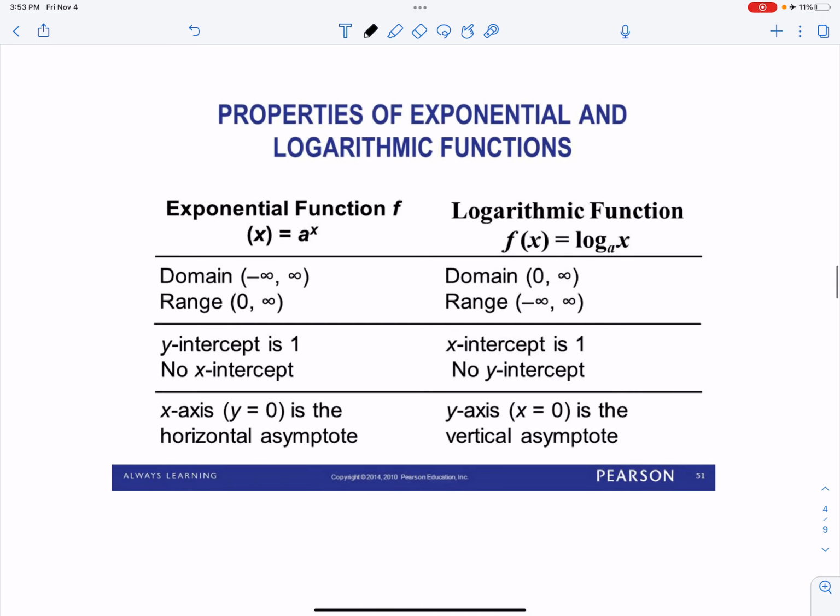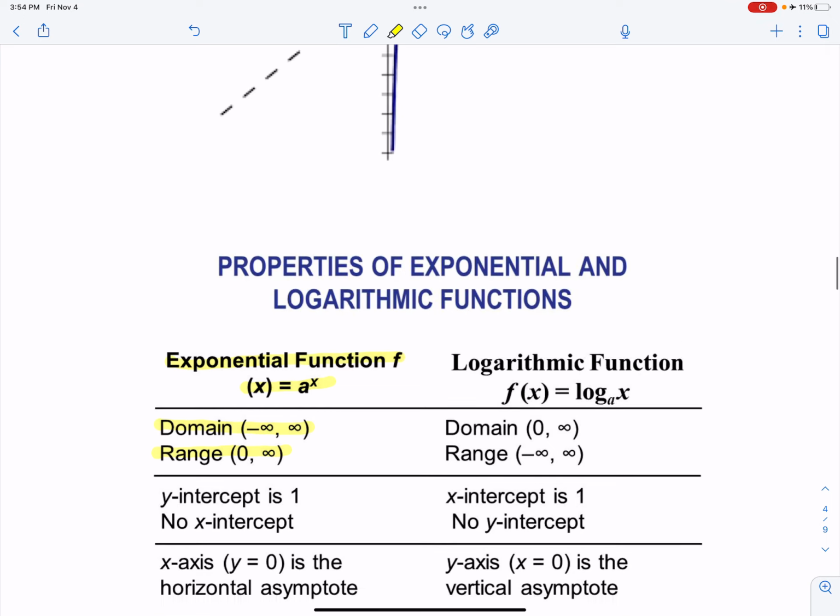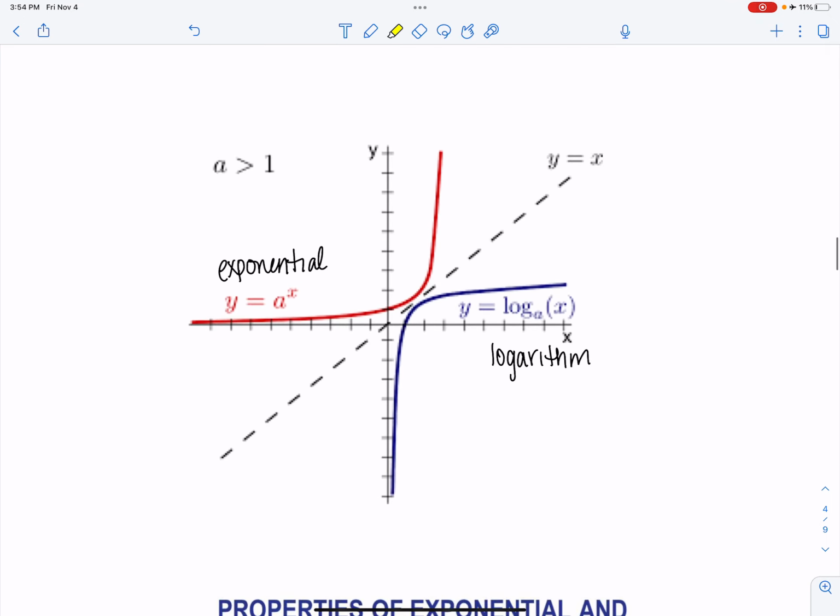Why is this important? Well, when it comes to the domain and range, when we're dealing with an exponential function, a base raised to an exponent, our domain is from negative infinity to positive infinity. We can use any of our x's, and the range goes from 0 up. So if we go back, we can see our red line of the exponential graph. It has that horizontal asymptote, and then it just kind of goes to infinity.